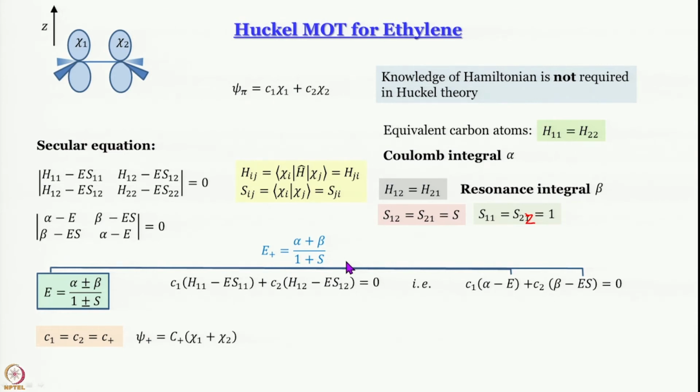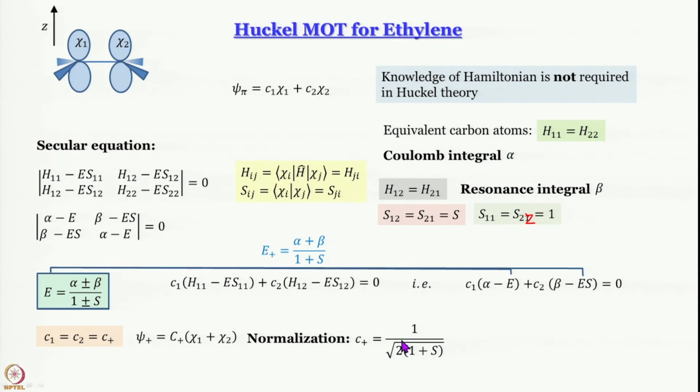So, the wave function we call psi plus equal to C plus into chi1 plus chi2, and sorry about the typo here, I wrote capital C here, in the next one I wrote small c. But they are actually the same, please do not get confused. By normalizing this wave function psi plus, knowing that chi1 and chi2 are actually normalized, you get a value of C plus to be 1 divided by root over 2 into 1 plus S.